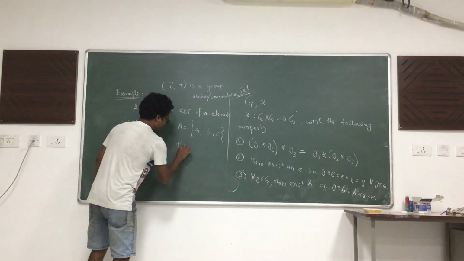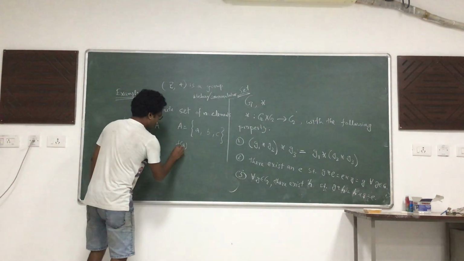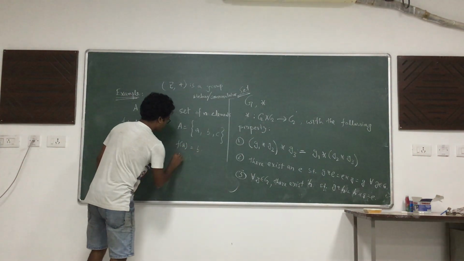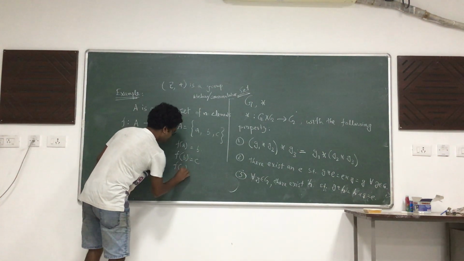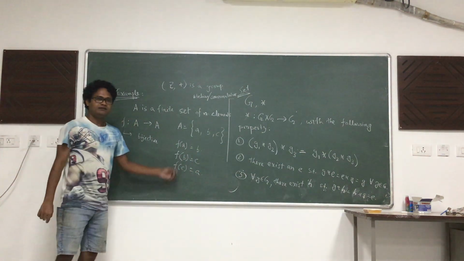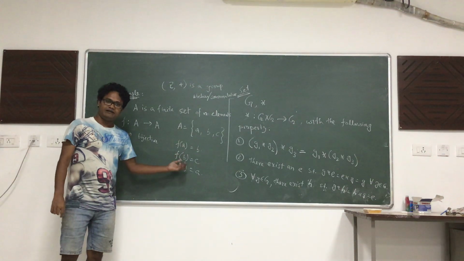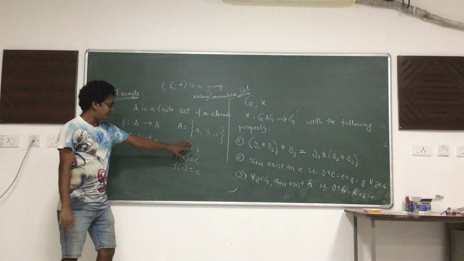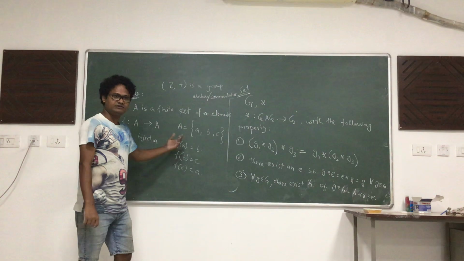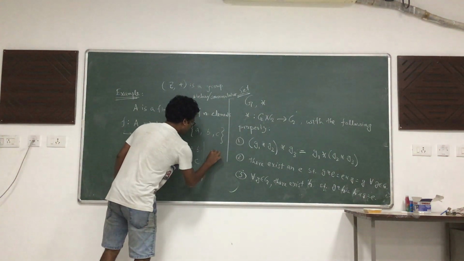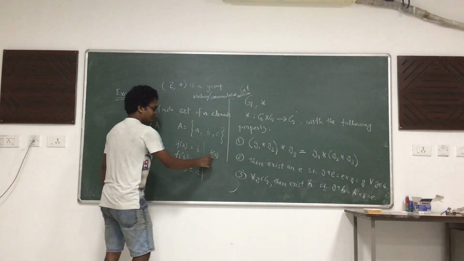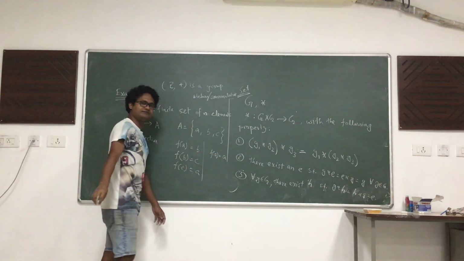So if a goes to b, b goes to c, c goes to a, this is a bijective mapping. And there can be many more such bijective mappings. Another example would be, I send an object to itself.